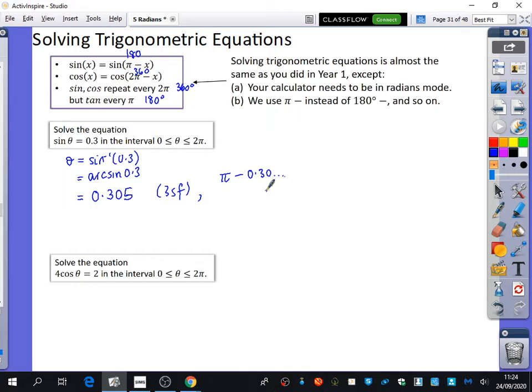So can you, on your calculator, press pi minus that answer that we've got there? How much, sorry? 2.8369, blah, blah, blah. So if I was going to do this one to 3 significant figures, I would say 2.84.